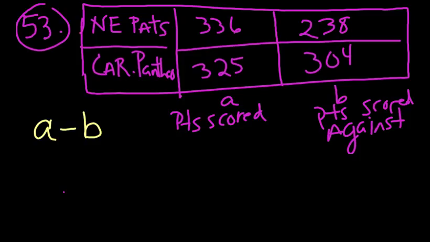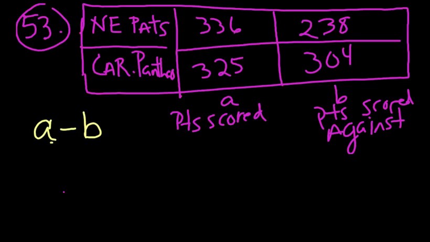So A, that's all the points the team themselves scored, and B is the points other teams scored against them. Okay? So, here's a table. This shows the totals for the 2003 conference champions, the New England Patriots and the Carolina Panthers. Which team's net score was greater? Net score is A minus B.